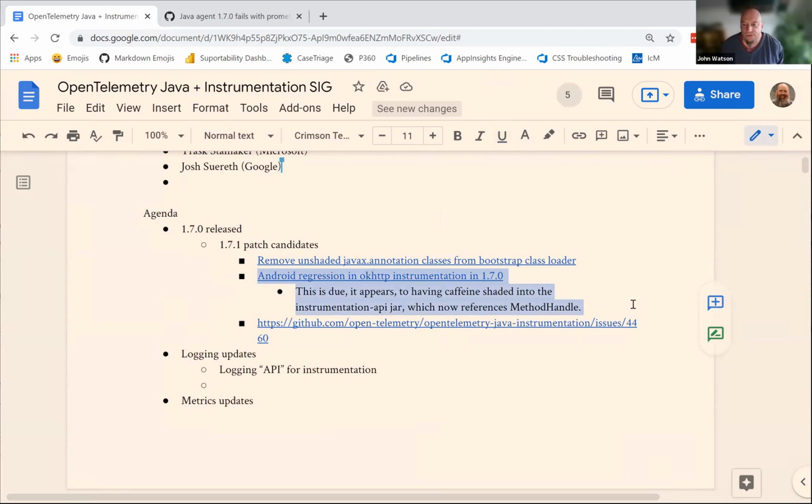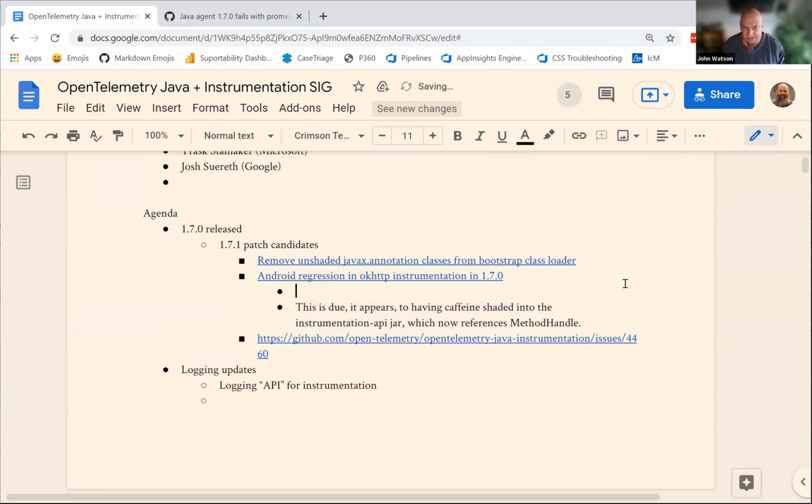Yeah, so we uncovered this trying to upgrade the Splunk Android instrumentation to 1.7. And it appears what's happening, just to talk a little bit about how Android builds work: when an actual application package gets built, the Android Gradle plugin via the D8 tool converts all the classes in the jars to an Android friendly format called Dex or something.